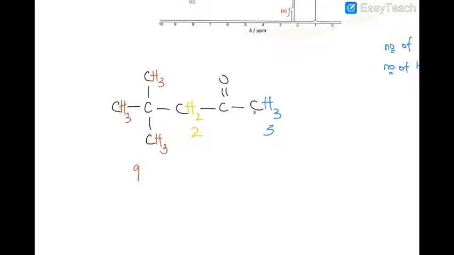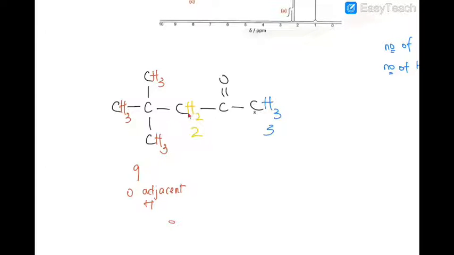Now let's see the number of hydrogens on the adjacent carbon. If we look at these three protons, the adjacent carbon is here, and this adjacent carbon is attached to no hydrogen. So these have 0 hydrogen on the adjacent carbon.